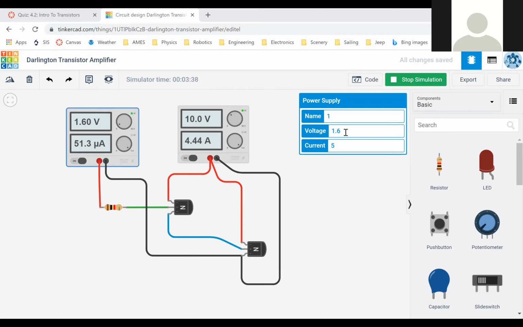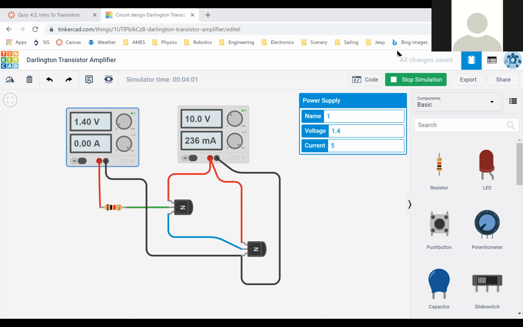So remember, if we go down to 1.4, you can see that I've got nothing happening here. You can see I am getting something out here just because I am getting a trickle through, but nothing measurable on my input current. Okay, so 1.4 is not enough to make anything happen.